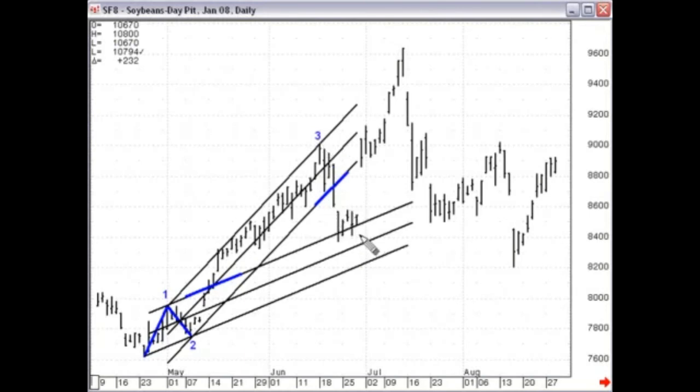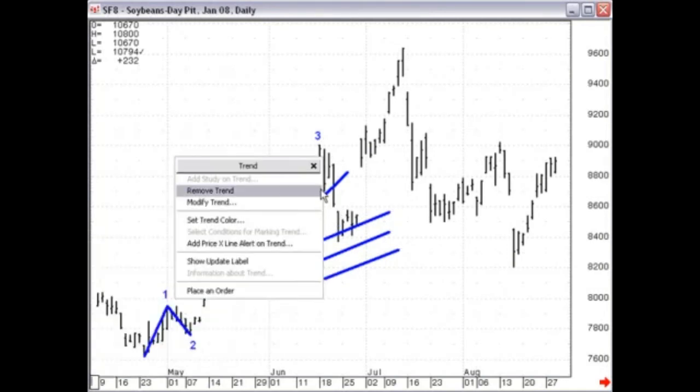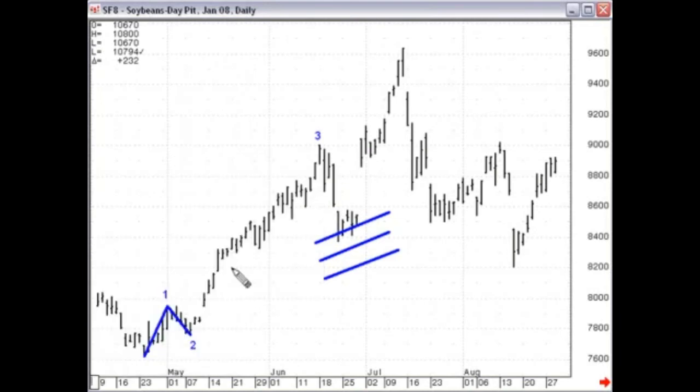Being a fourth wave pullback, we also know to look for support for wave 4 at either the upper, mid, or lower boundary lines of our base channel here. Okay? So we know with confidence at this point that this is a wave 1, 2, 3 into the high.